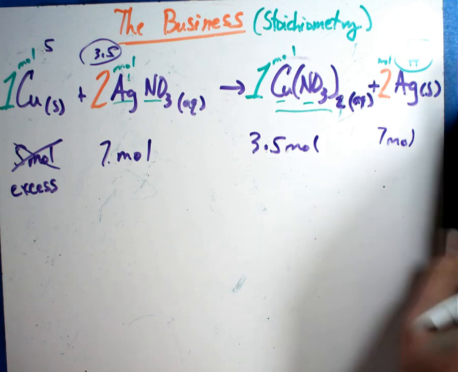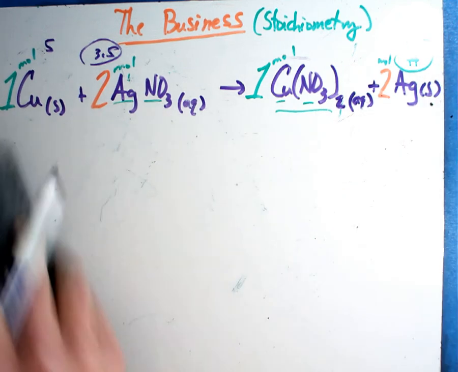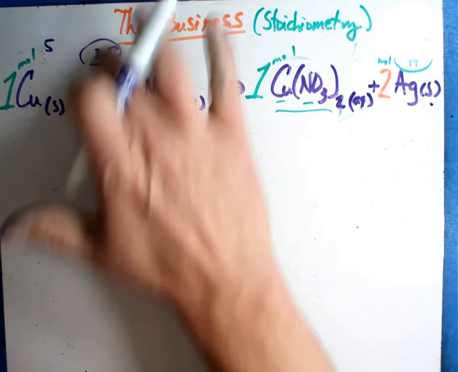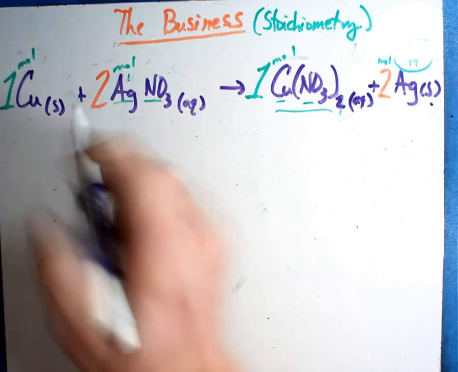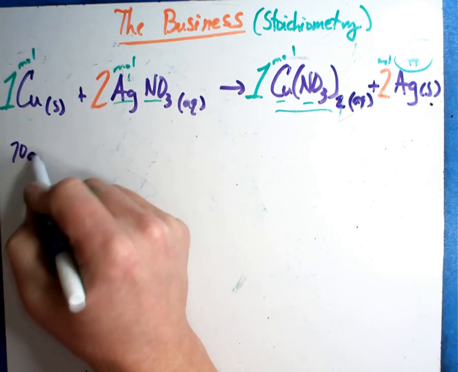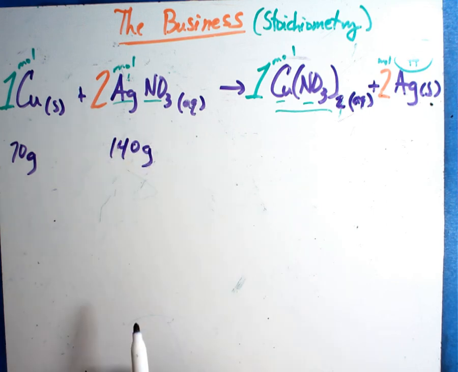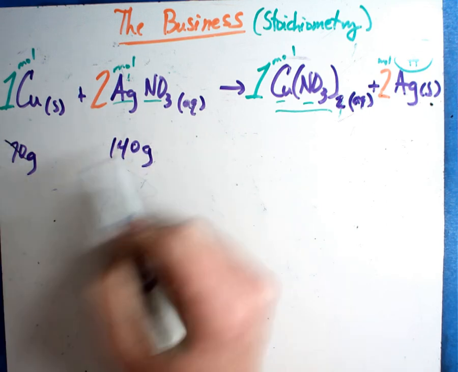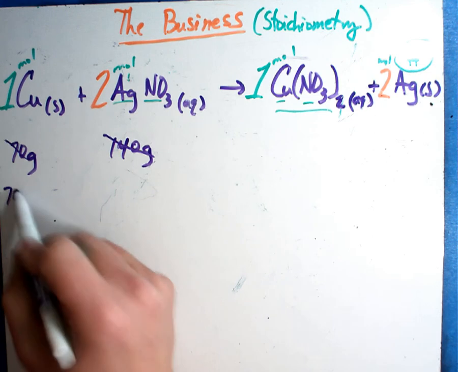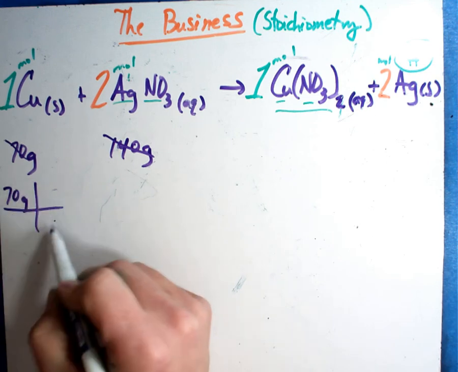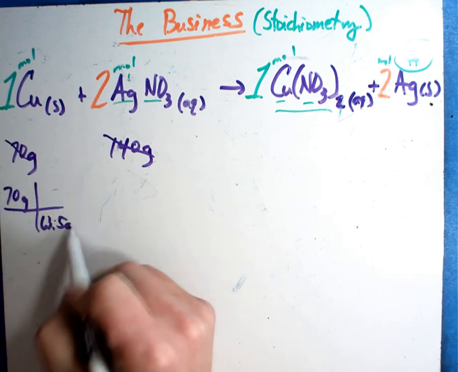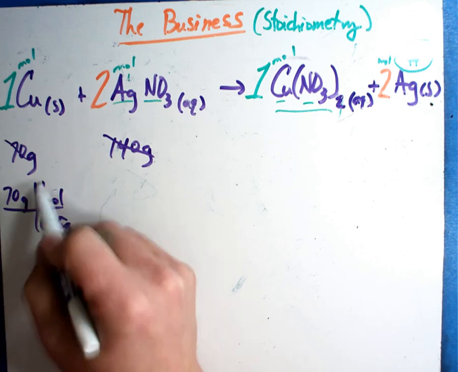They're not very difficult. Now, let's say that they didn't give you moles. Let's say they gave you something like this. You have 70 grams of this and 140 grams of this. Well, I can't work it. Wrong unit. So I would take 70 grams, and 63.5 grams is a mole.